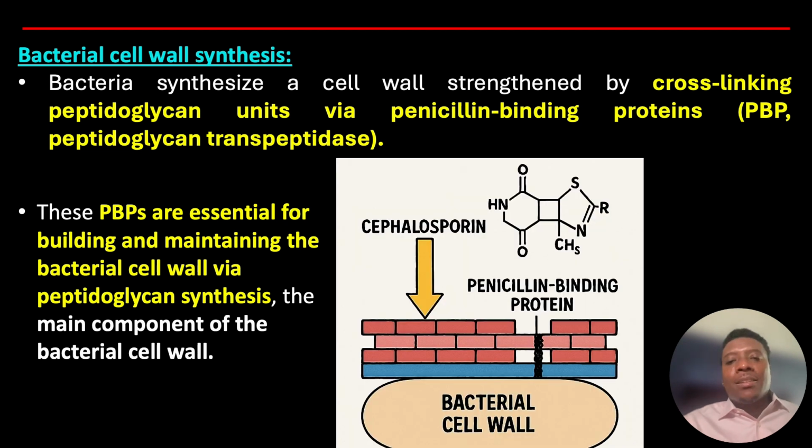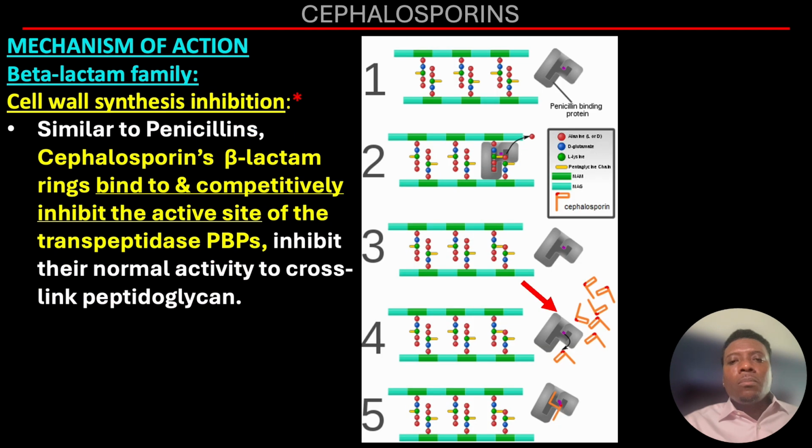So think of it like this. Think of peptidoglycan as the bricks to a wall, and then think of the penicillin binding protein, or PBP for short, as the mortar or the cement that holds the bricks together. So with that being said, the beta-lactam family, which is composed of things such as cephalosporins and penicillins, pretty much attack by binding and inhibiting the active site of the penicillin binding protein.